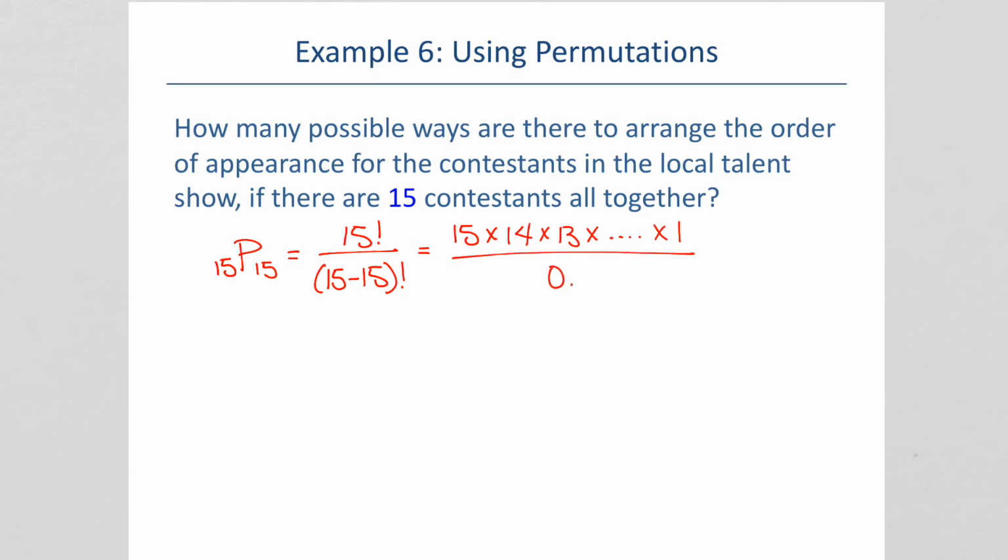And on the bottom, you just have 0 factorial, which is 1. You can put it in your calculator and go ahead and do that. And you get that there are 1,307,674,368,000 possible choices.